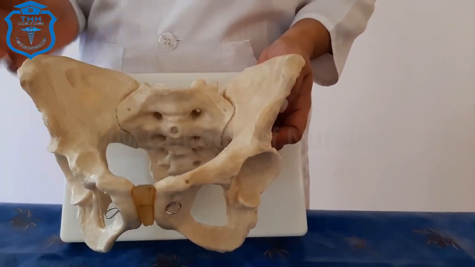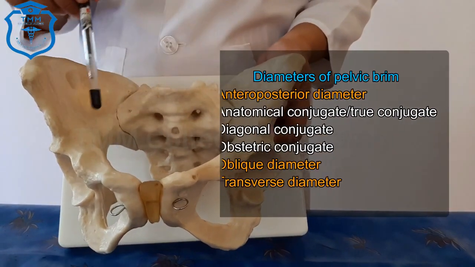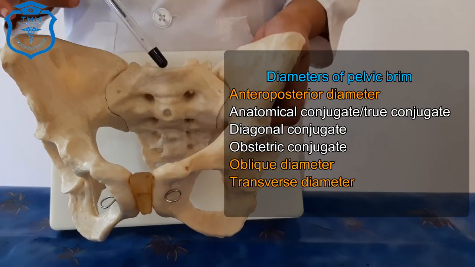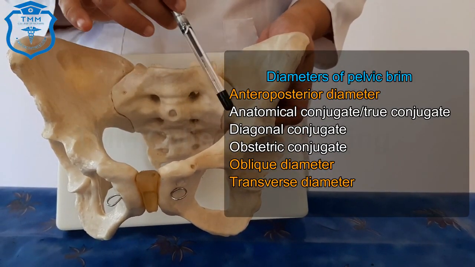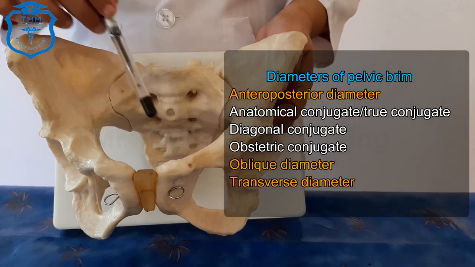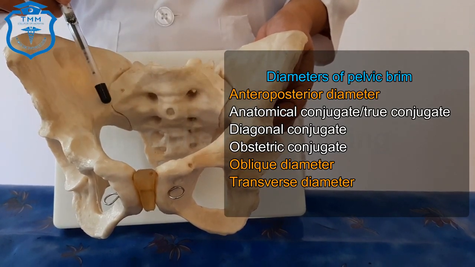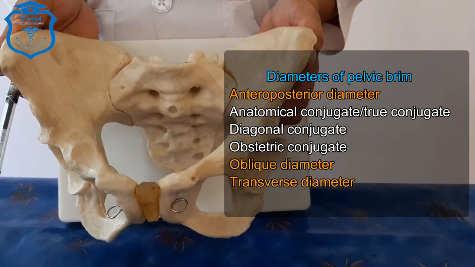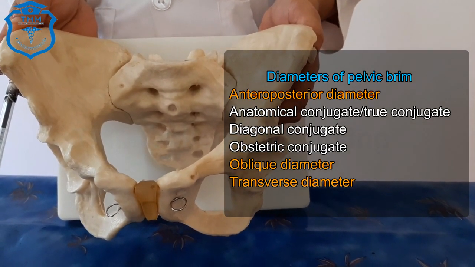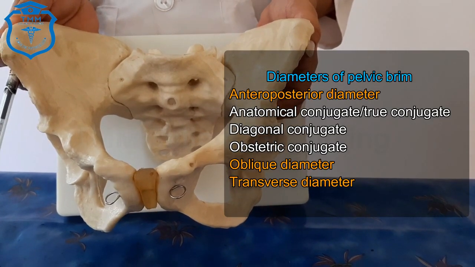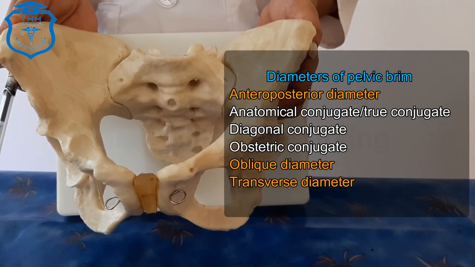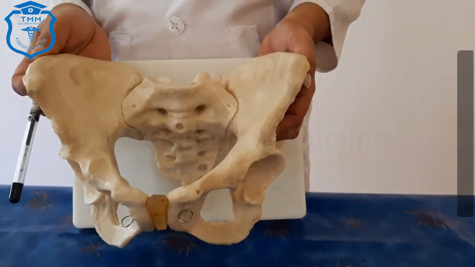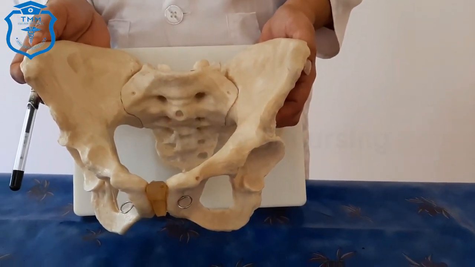So in the pelvic brim or inlet, there are 3 diameters: anterior posterior, transverse and oblique diameters. In the anterior posterior diameter there are again 3 diameters: true conjugate or anatomical conjugate, obstetric conjugate and diagonal conjugate.